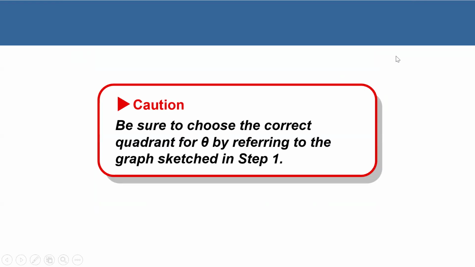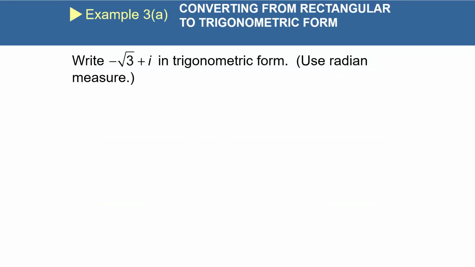All right. So be careful to choose the correct quadrant. Where it lies is important. Got it? Up first, we have negative square root of 3 plus i in trigonometric form. So what's my real? Negative square root of 3, which makes that my x value, right?